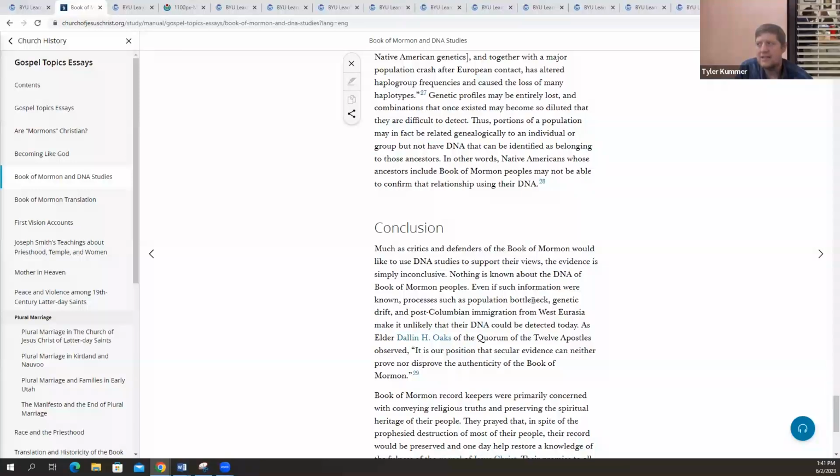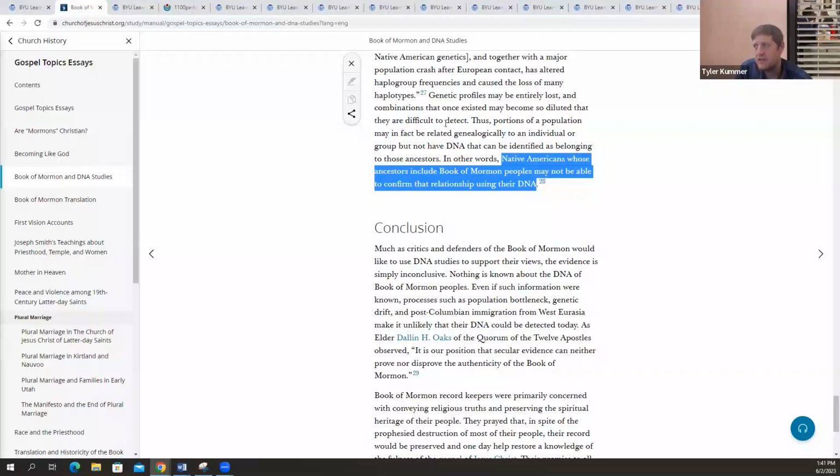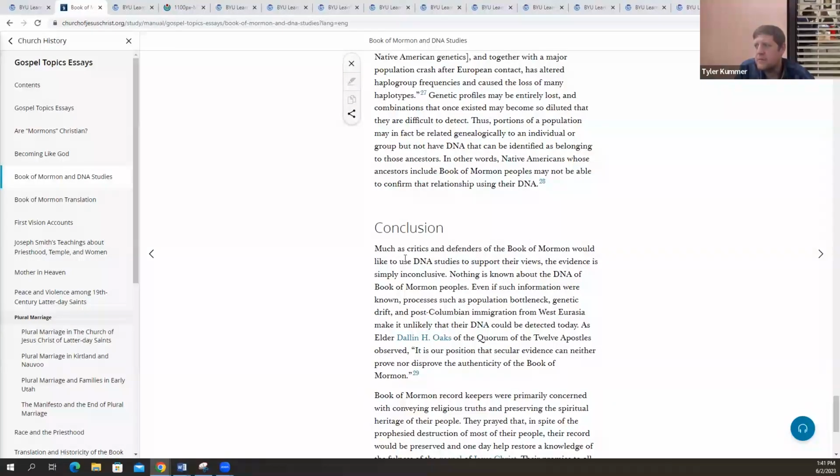So that is not exactly strong evidence for the claims of the Book of Mormon either. And DNA is just probably not a good tool to test these claims. That's what it's saying here, I believe, in this section: Native Americans whose ancestors include Book of Mormon peoples may not be able to confirm their relationship using their DNA. Because of these forces that we're aware of, it's not a great way of testing, as some people might think.